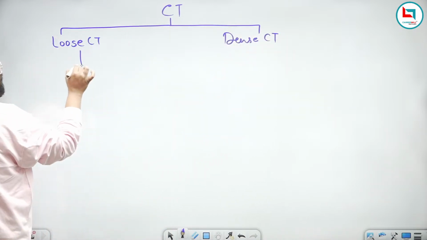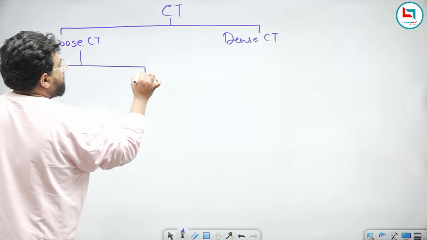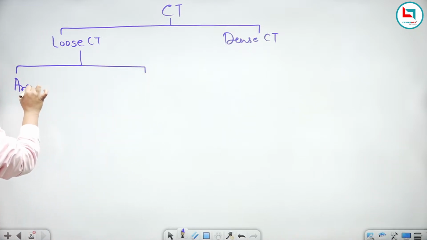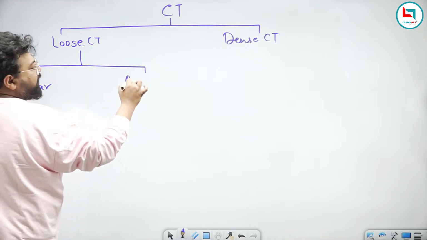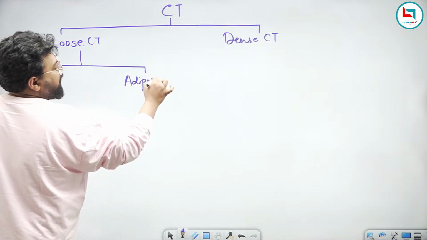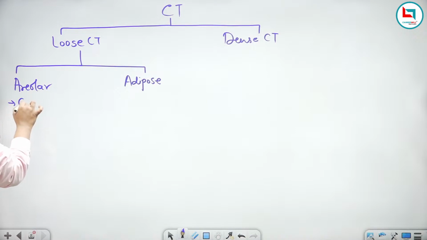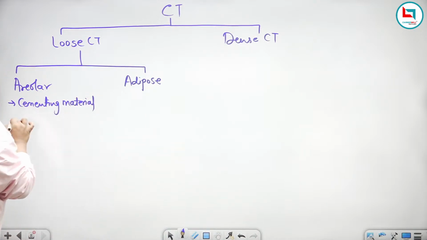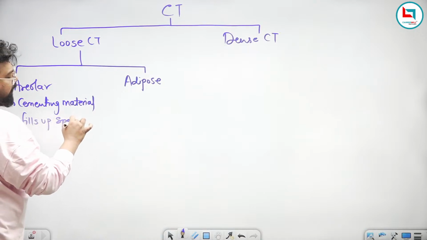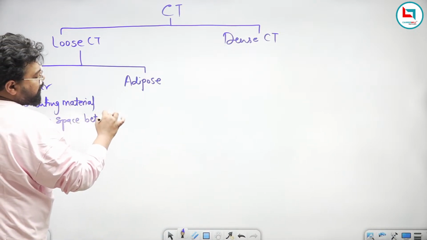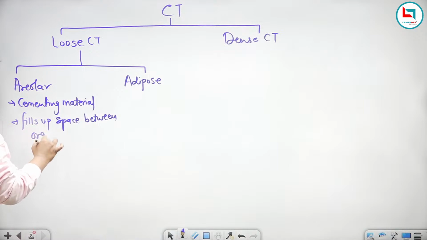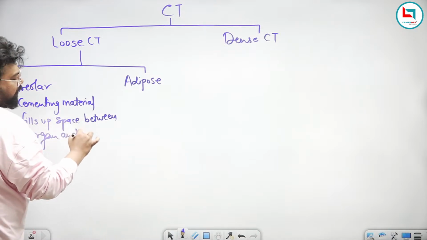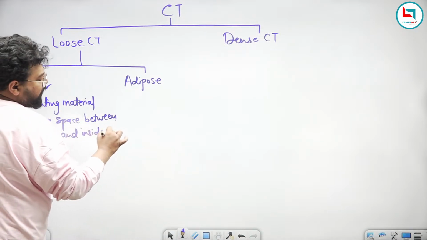Loose connective tissue, we have two different examples for them. One is areolar and another is adipose. This areolar connective tissue works as a cementing material, and it fills up space between organs and inside organs.